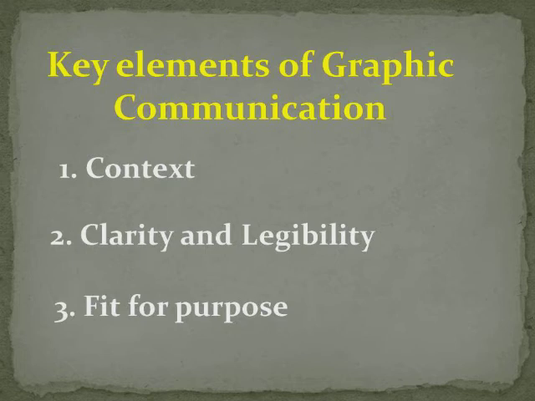Now the next point, key elements of graphic communication. Basically there are three main key elements of graphic communication. Number 1, context. Number 2, clarity and legibility. And number 3, fit for purpose. Number 1, context.